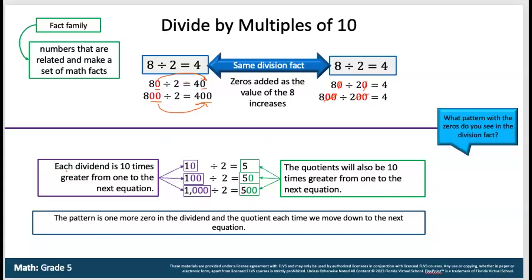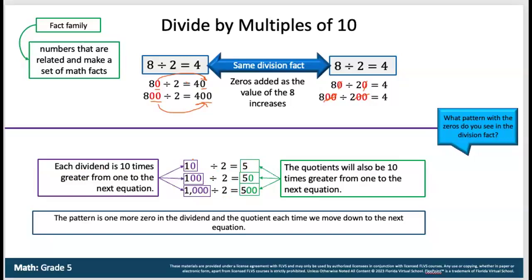I also know it says each dividend is 10 times greater from the one next to the equation. So 10 divided by 2 is 5. 100 divided by 2 is 50. 1,000 divided by 2 is 500.